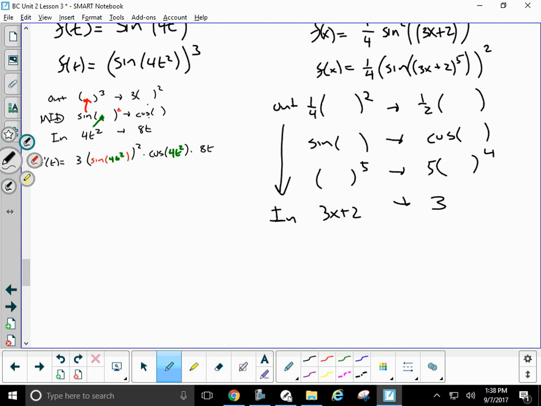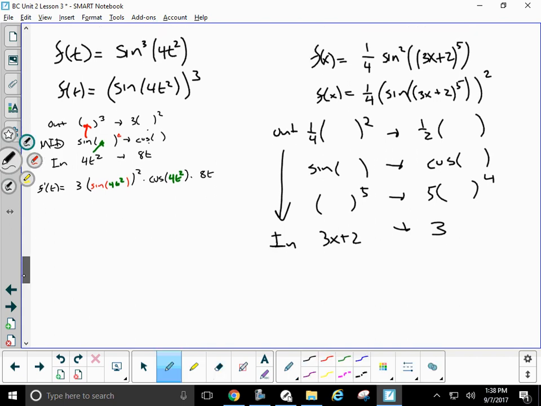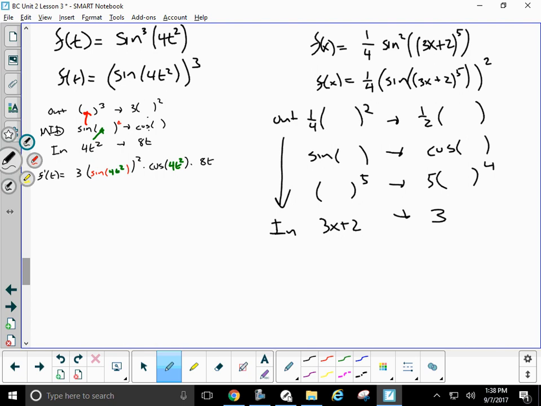What would that derivative look like? Well, it wouldn't be pretty. It'd be nice and long, but it would be correct. It would be 1/2 cosine 5 to the 4th times 3. Let's fill in the gaps.